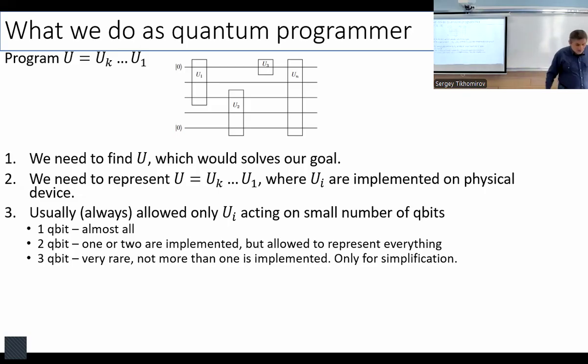In most cases, at least IBM and Google implement such a set of basic operations which allows you to create any unitary operation as a composition of them. It is a finite family of operators which allows this, and we will see how it actually works.